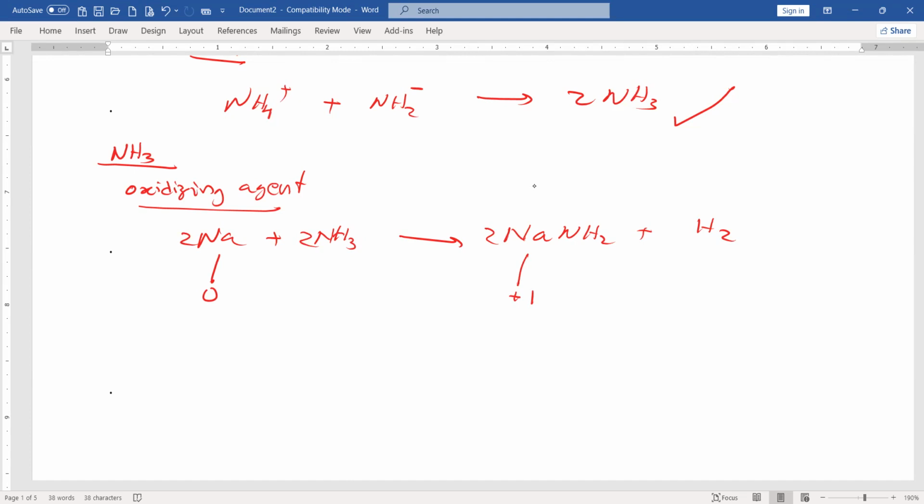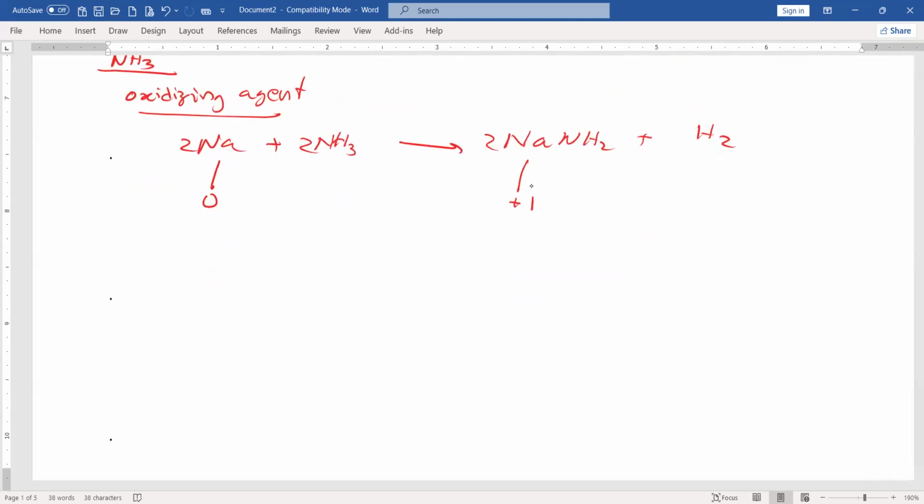Therefore, it acts as an oxidizing agent. So this can be taken to show that ammonia can act as an acid. Why? Normally we know that acids react with metals giving hydrogen. Therefore, this is another example to show that ammonia is an acid.